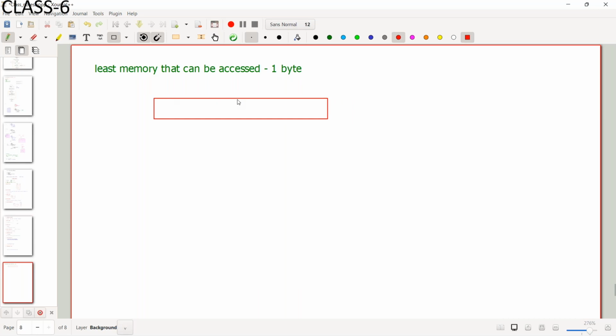So what is this 1 byte in the sense? 8 bits together. We can't get one bit. Accessing one bit is not completely impossible, I'm not saying that. Is there any possibility? We'll check that later. So wherever we store data, it will be stored in a minimum of 1 byte.